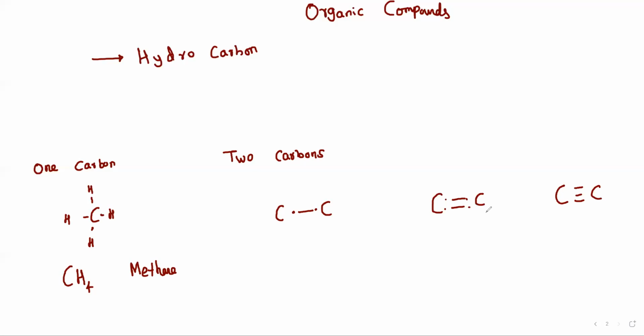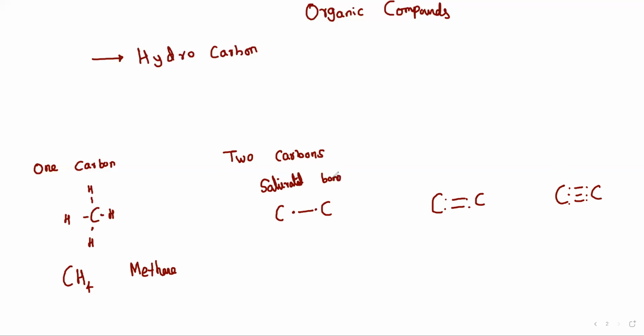They are not only going to share one electron. They may share two electrons also, or they may share three electrons also at a time. So when two or more carbons come into the bond, it may form one bond, which is called a saturated bond or single bond.